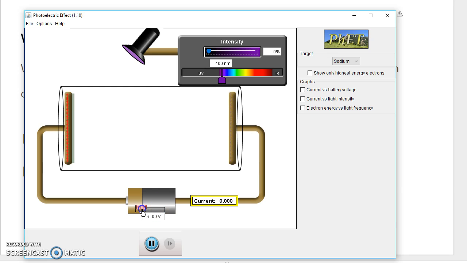So, when we shine the light, we can see that electrons start jumping up, but if they don't have enough energy, they're not going to leave.